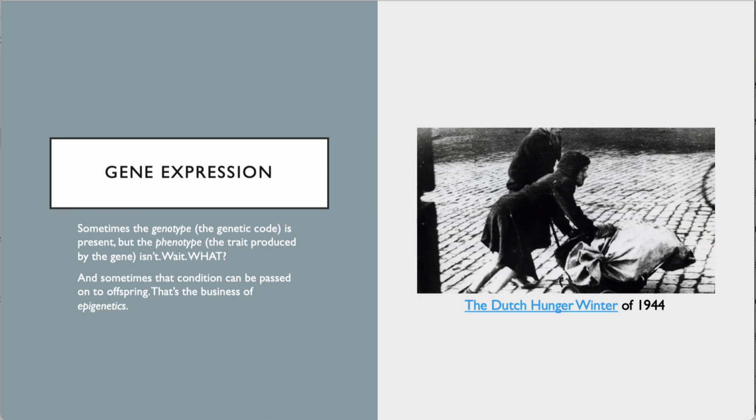But what that means is that somebody has a genotype, right? Which means that they have the genetic code to have a disease. And yet they don't have a disease. How can that be? If genetics tells everything, why would somebody have the genetic code that makes an abnormality, but they don't have the trait?